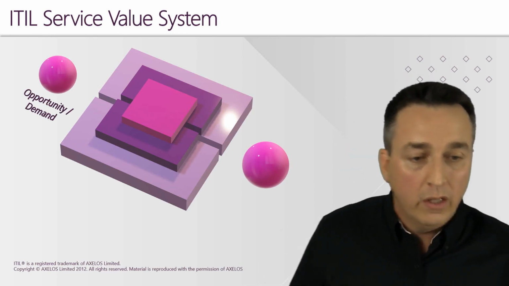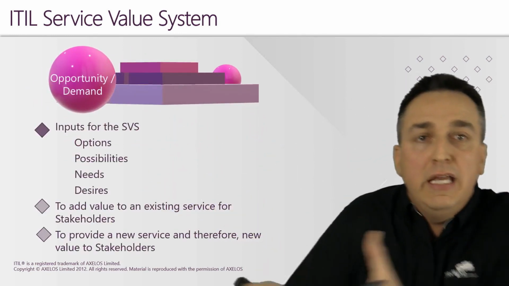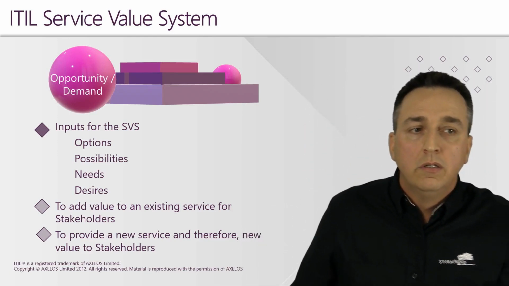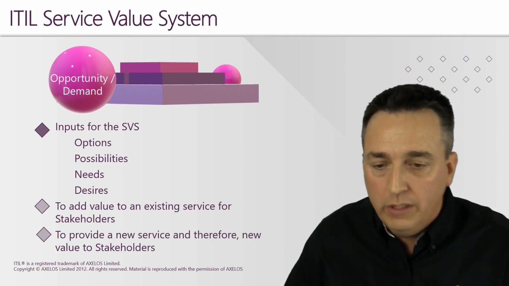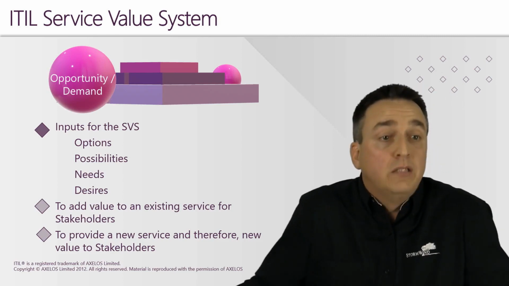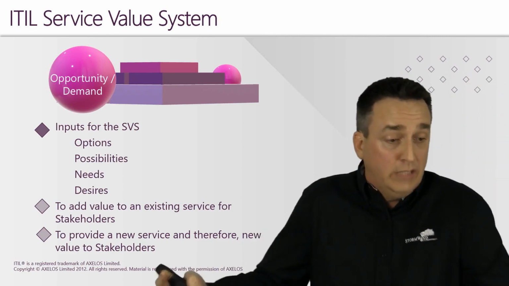So what does this mean? Well, let's think about opportunity and demand. What is that? That's the input to our service value system. It triggers a service value system. The opportunity, the demand, it could be some options, some possibilities, some needs, some desire of our customers, our users, our stakeholders.